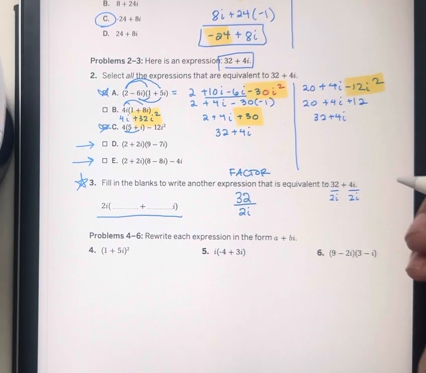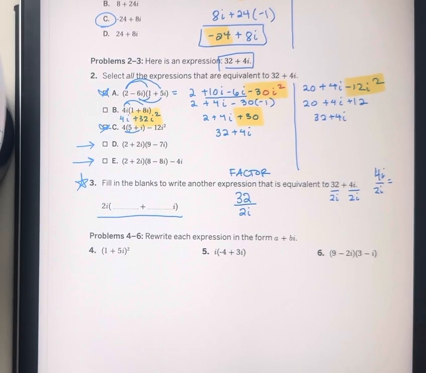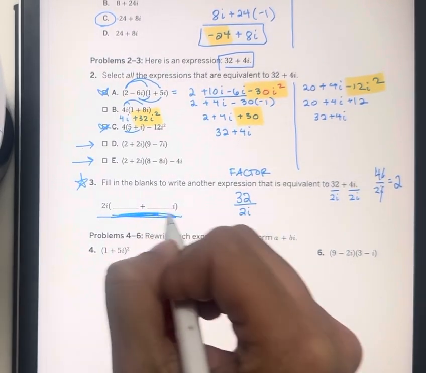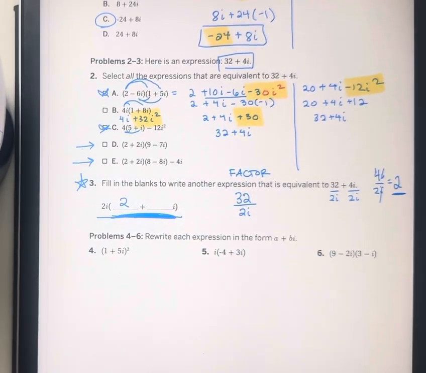And then we also have 4i divided by 2i. Now 4i divided by 2i is a lot simpler because the i's cancel. And 4 divided by 2 is 2. So the part of this parentheses here that does not have an i is 2. That's this part.